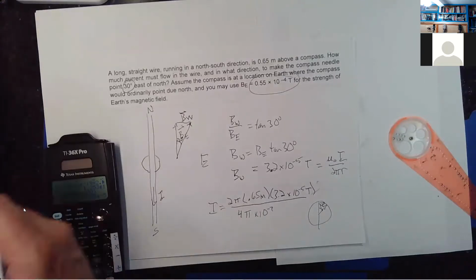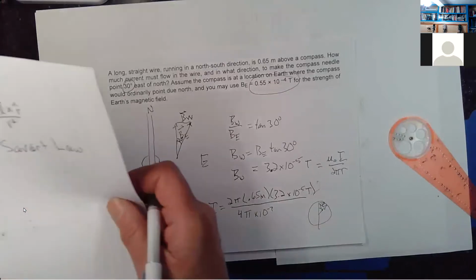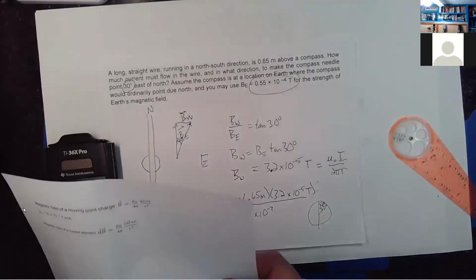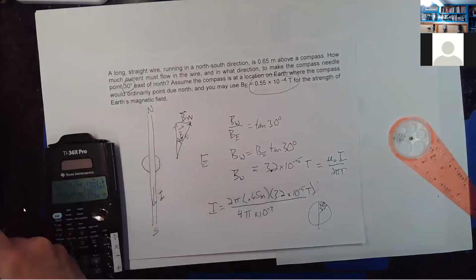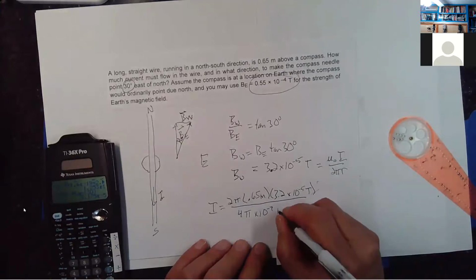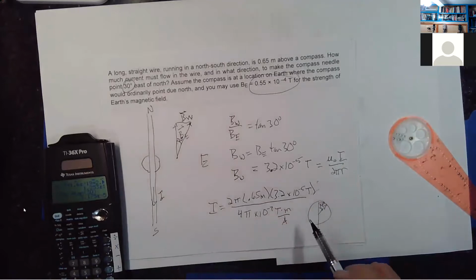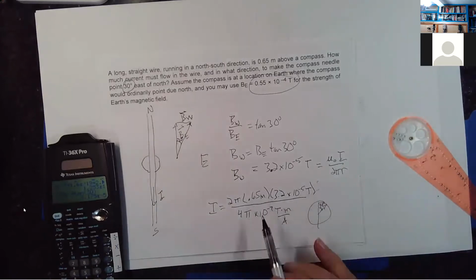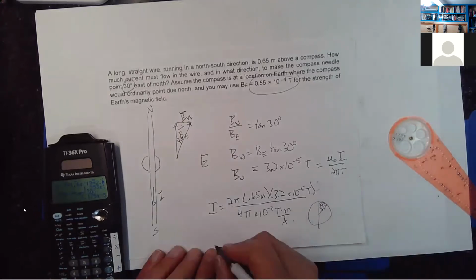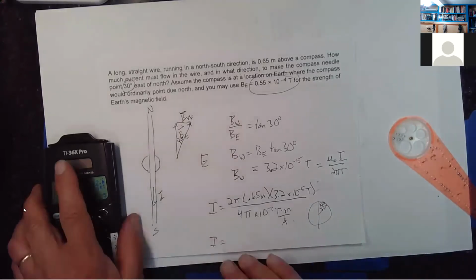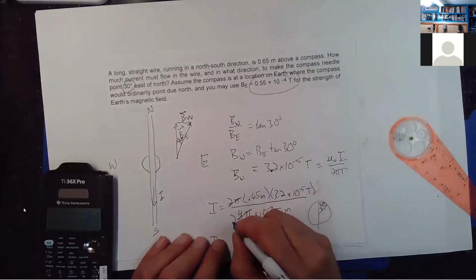I've got too many units floating around in my head. Where did I put it? There it is. Okay. Tesla meters per amp. Hey, it works. Okay, Tesla meters on top, Tesla meters on the bottom, 1 over amps left on the bottom, and I'll end up with amps. So let's see, and 2 pi over 4 pi just gives me a 2 on the bottom.